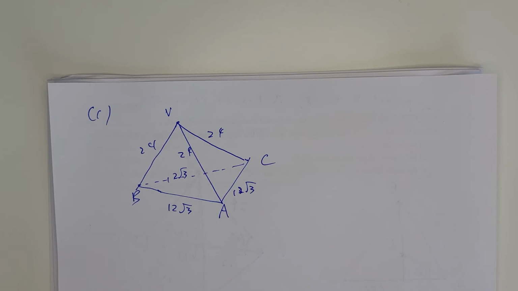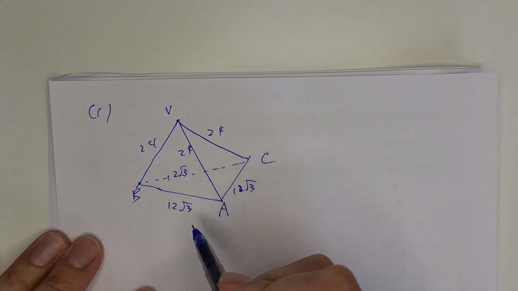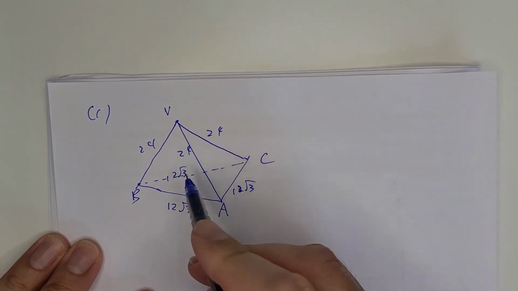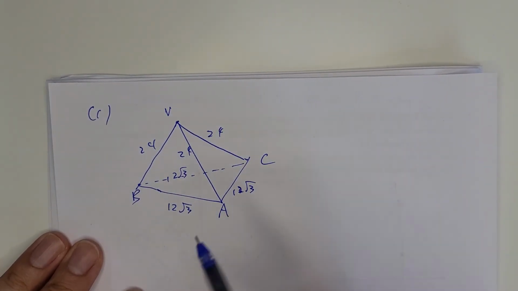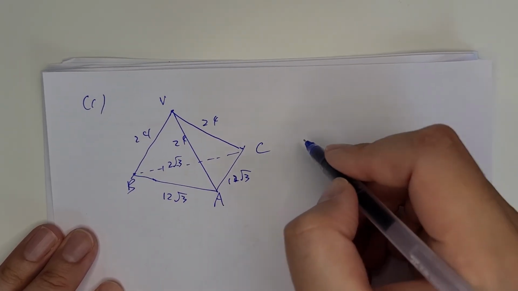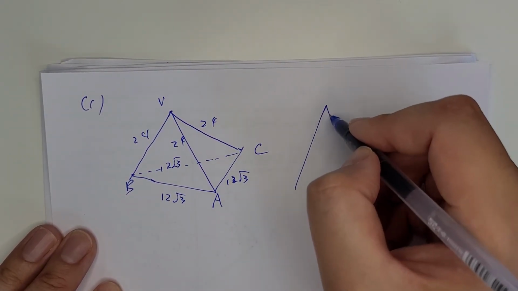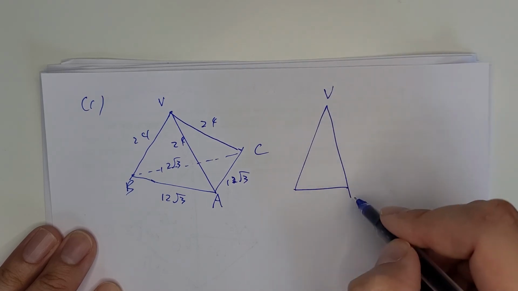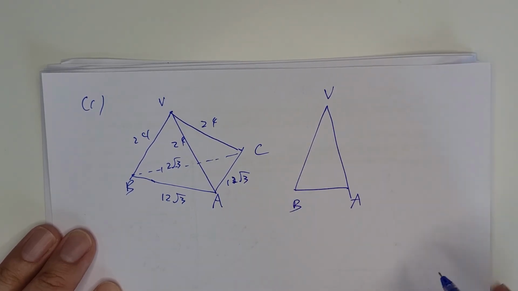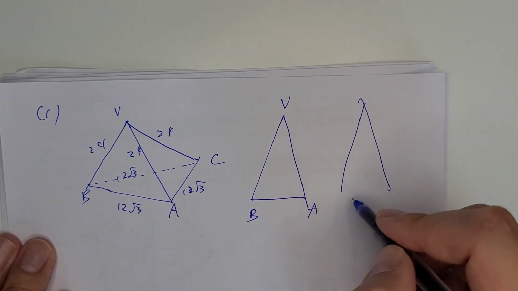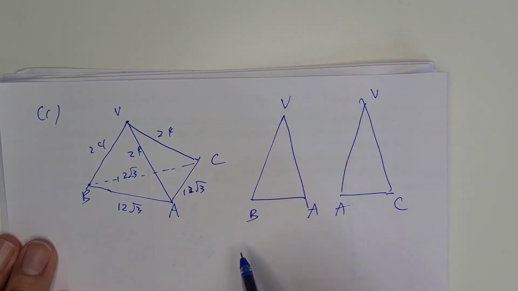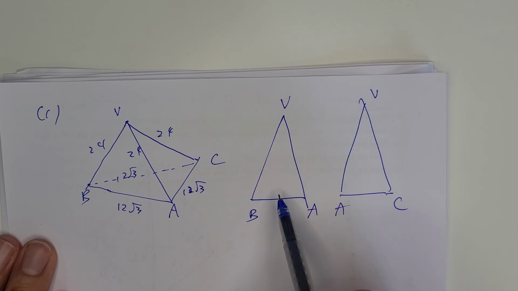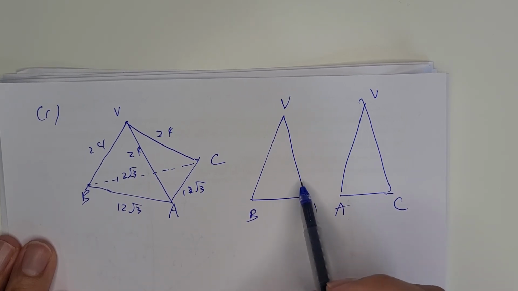The way to define the angle is, first of all, find the common line of these two faces, that is VA. And next, for each face, that means VAB and VAC, you draw a perpendicular line to the common line VA.